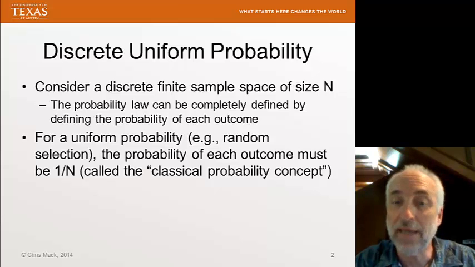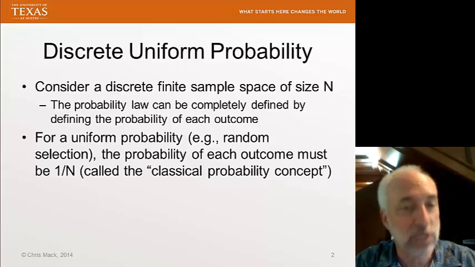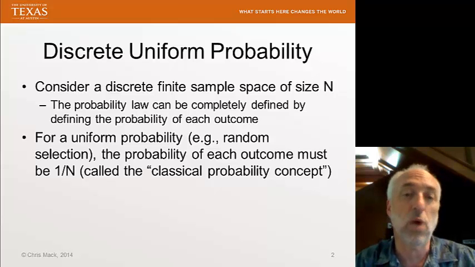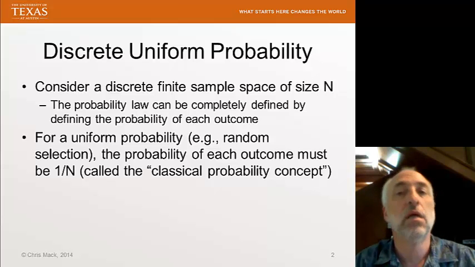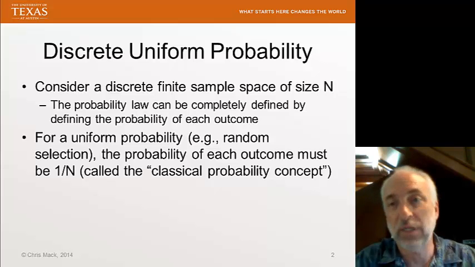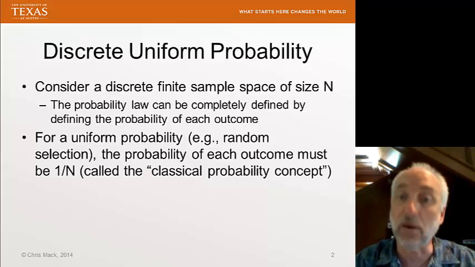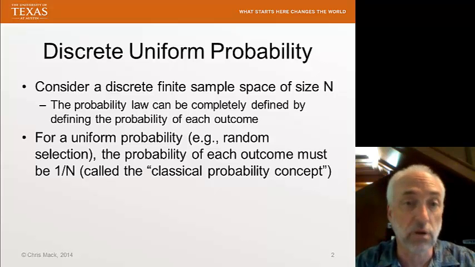What I mean by that is I have an equal probability of selecting any particular outcome. In other words, the probability of selecting a particular outcome is simply 1 over n. We call this a uniform probability law. Every single item has the same probability. Every single outcome has the same probability of occurring.